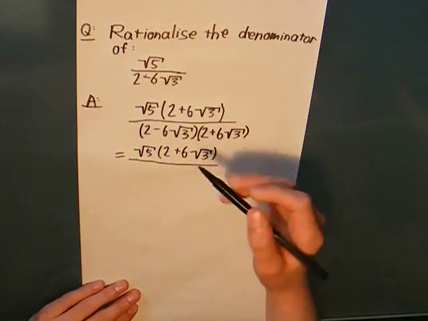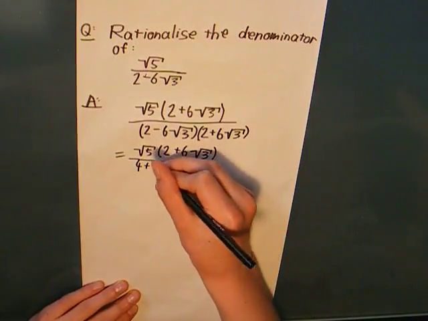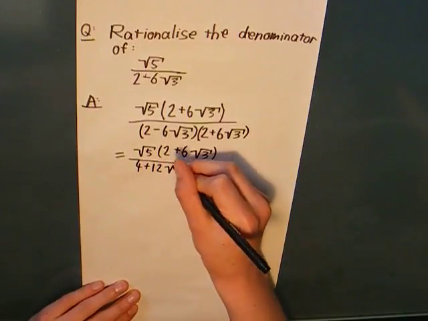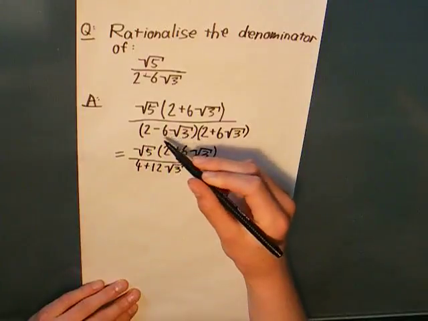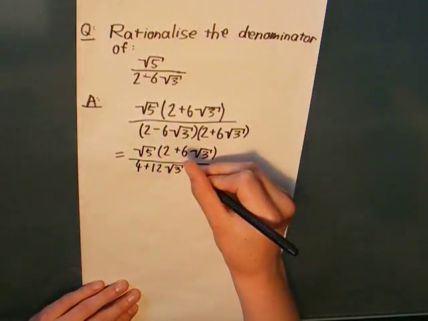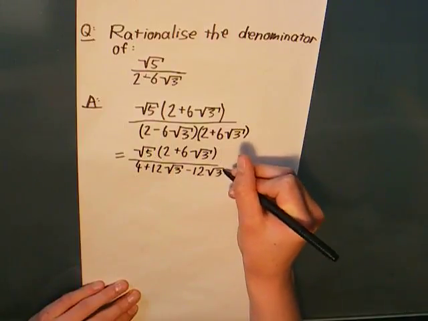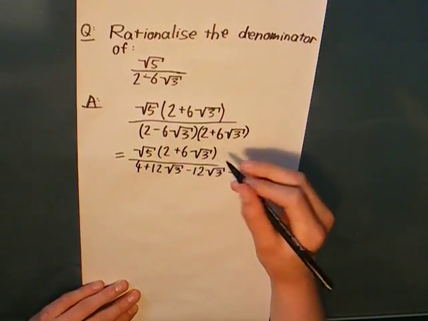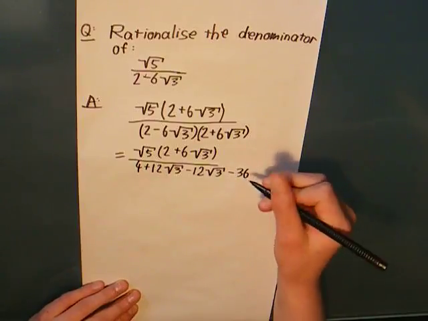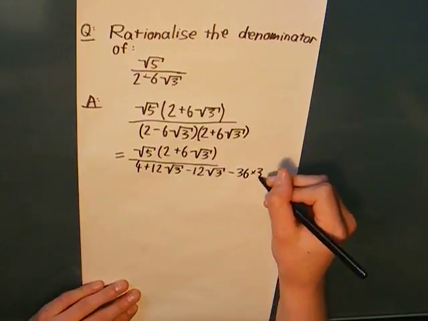So that would be 2 times 2 is 4, plus 2 times 6 root 3, which is plus 12 root 3. And then multiplying these gives you minus 12 root 3. And then minus 6 times 6 is 36, and then you've got root 3 times root 3, or 3 times 3.